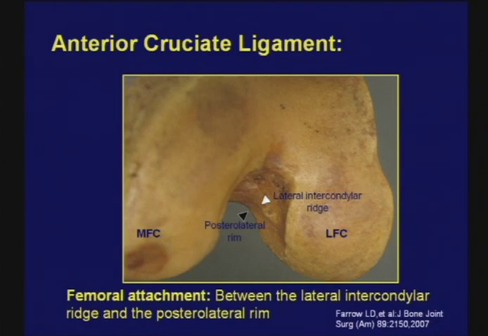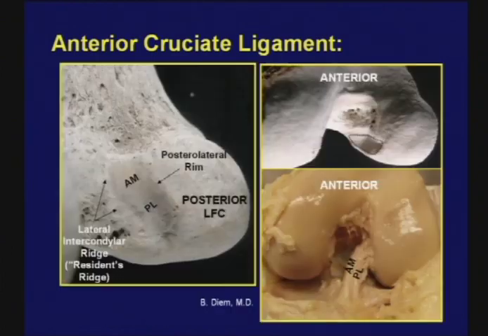The femoral attachment of the anterior cruciate ligament is between these two ridges, and these are used really as guidelines, in fact, during surgery. It's of interest that the more anteriorly located lateral intercondylar ridge is sometimes called resident's ridge, because sometimes that bump is mistaken for the posterolateral rim.